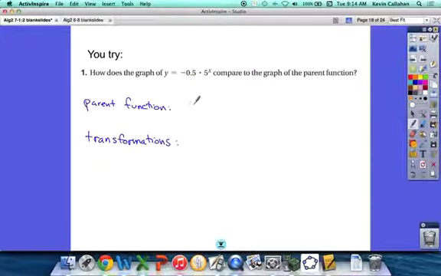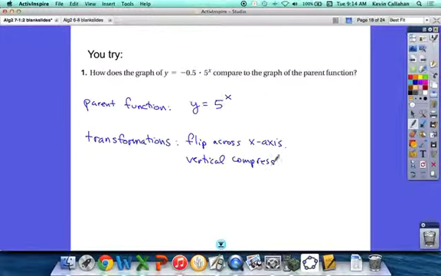Right? Okay, and what two things are going on because of multiplying by a -0.5? Flip, compression. Good.